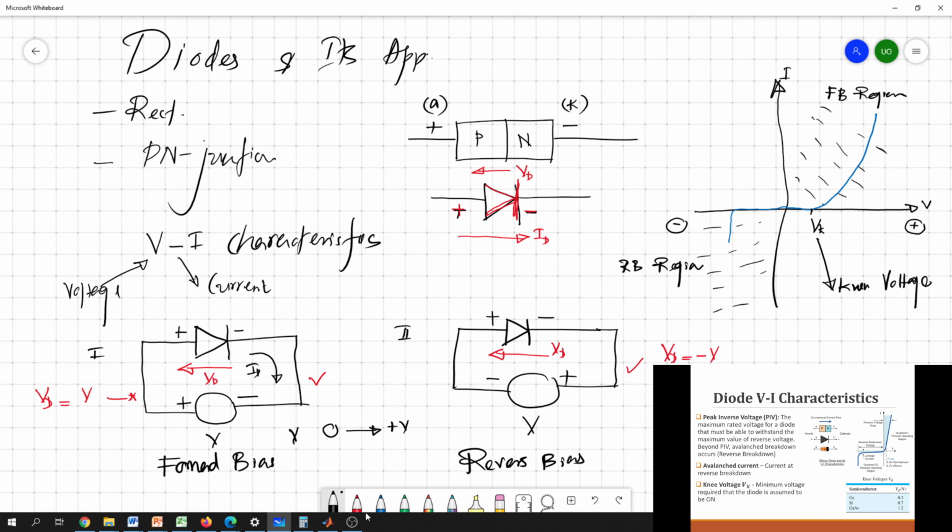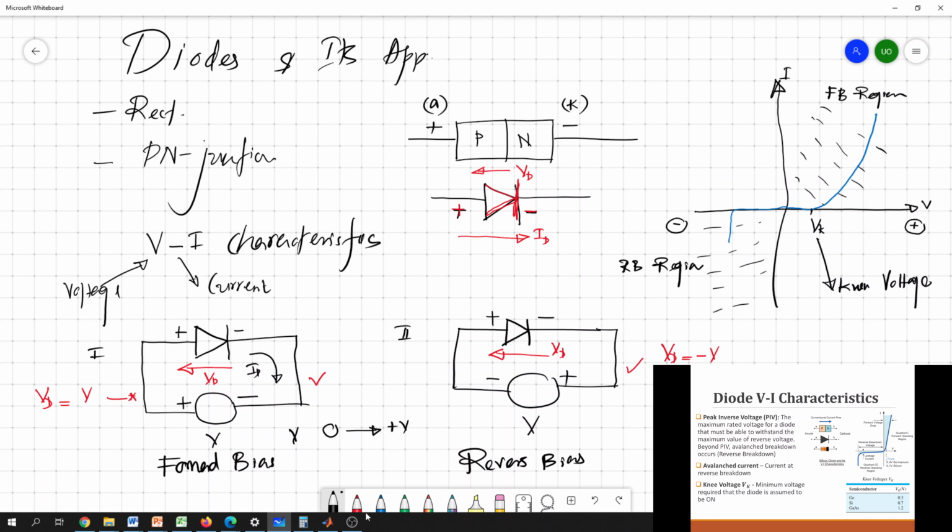Once you increase the source voltage beyond that knee voltage, you can observe a current like this. As you increase the voltage, the current flow through the diode increases. But keep in mind, in a practical diode, once you apply 0 voltage, you can't see any current.